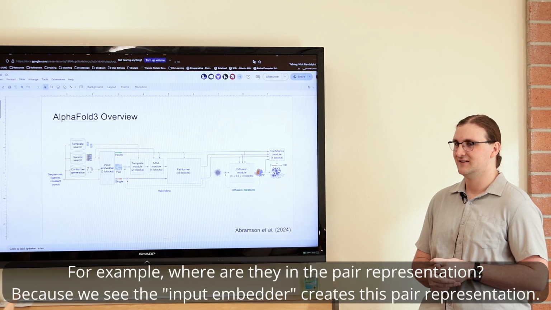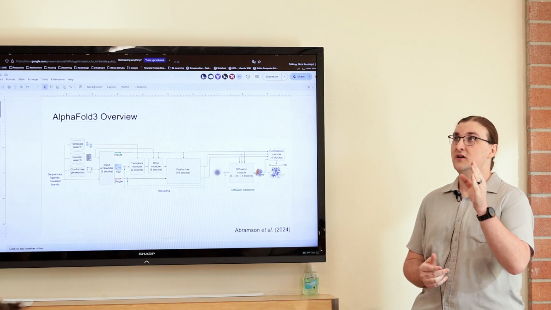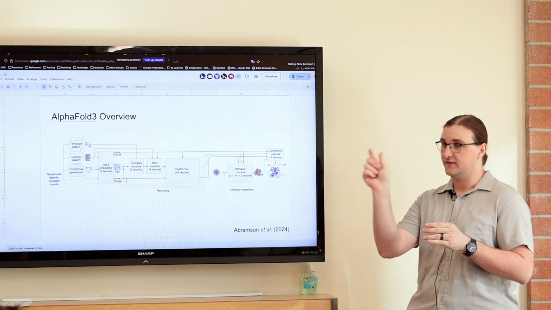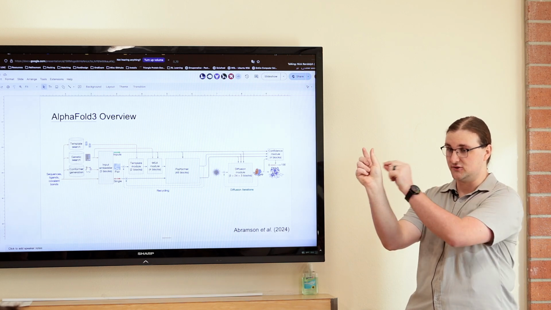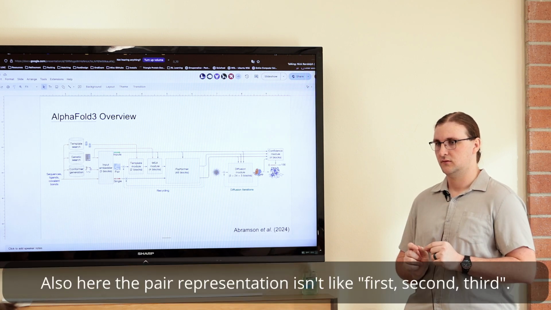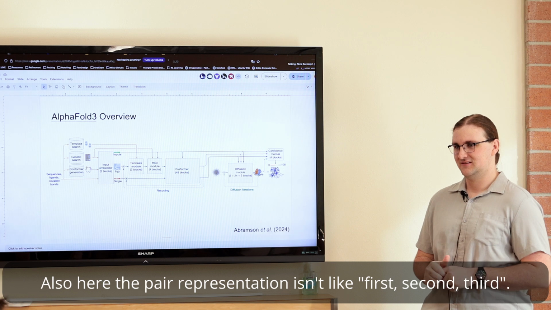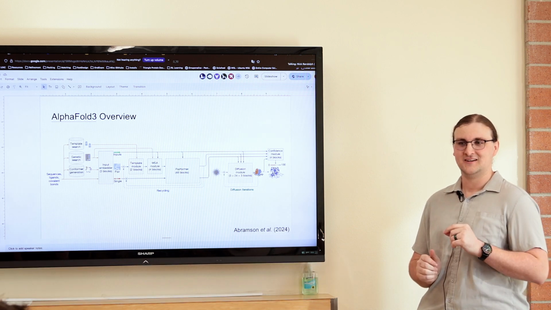For example, where are they in the pair representation? Because we see the input embedder creates this pair representation. Yeah, so the pair representation is number of tokens by number of tokens. Each individual atom is its own token, and it has an interaction with every other token in that pair representation. Also here the pair representation isn't first, second, third, it's first, second, third token.